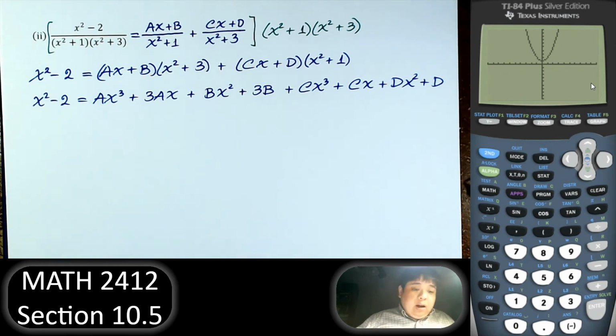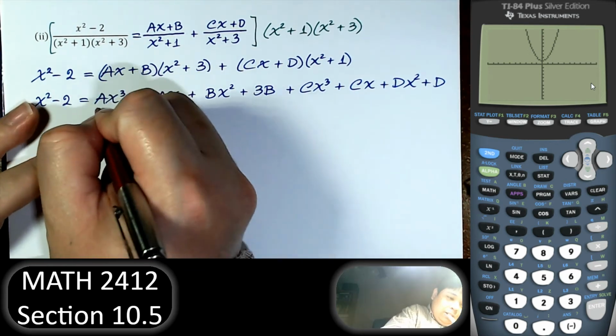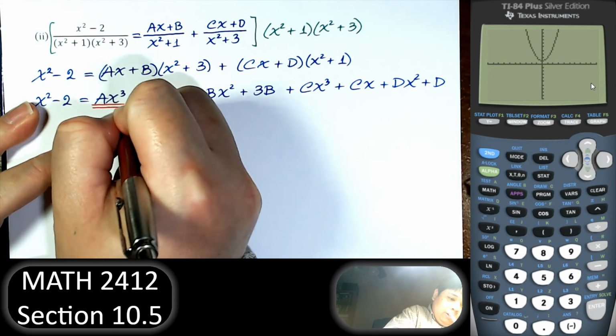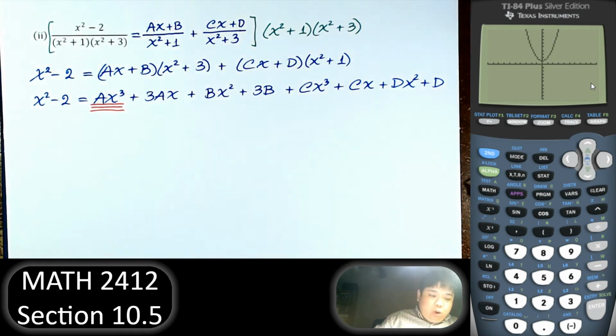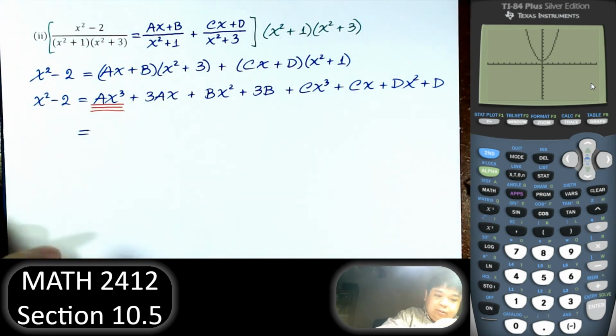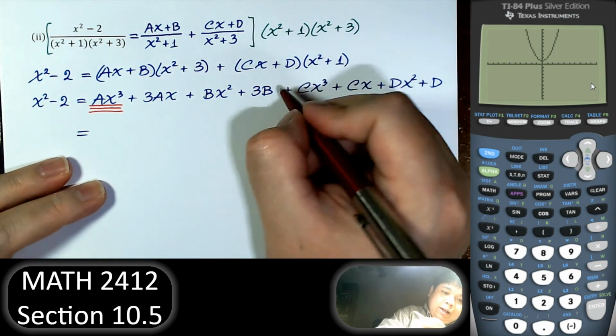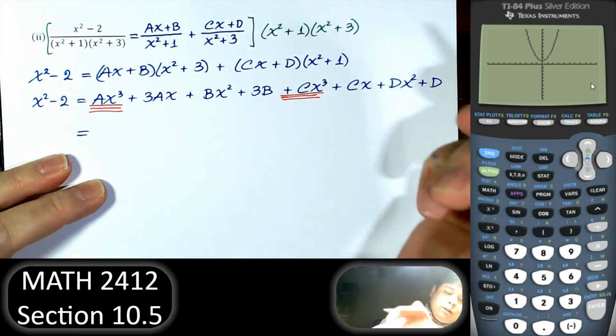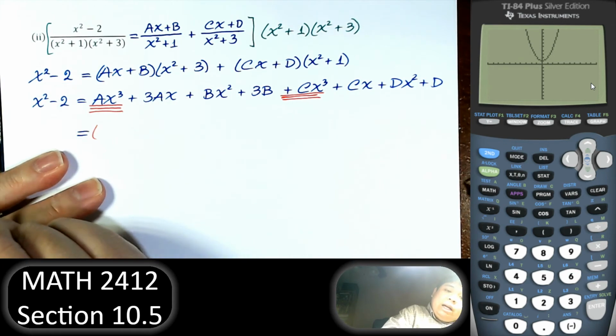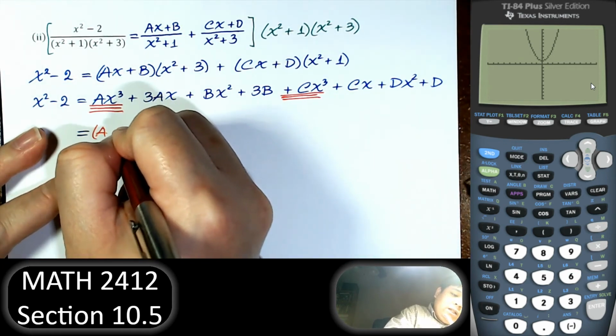Right, combine like terms. ax cubed and cx cubed, factor out a and c.